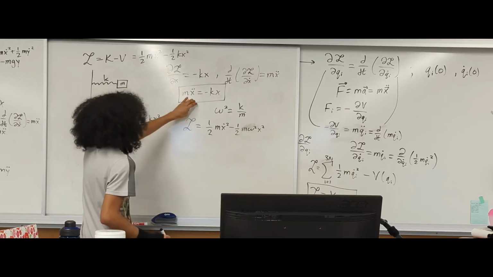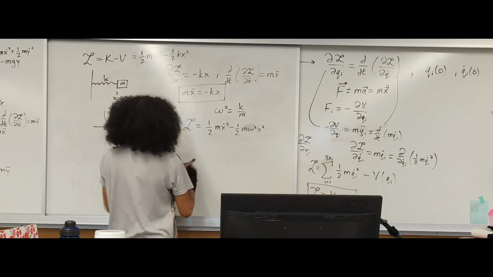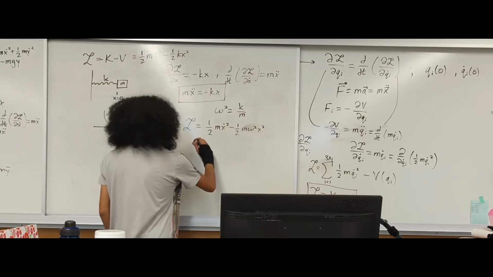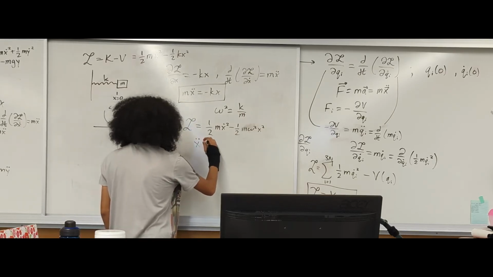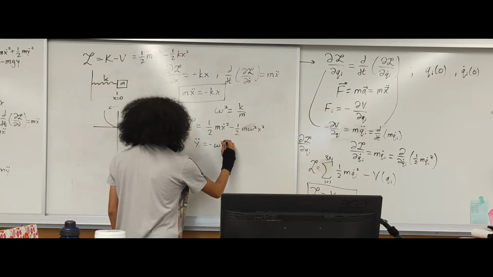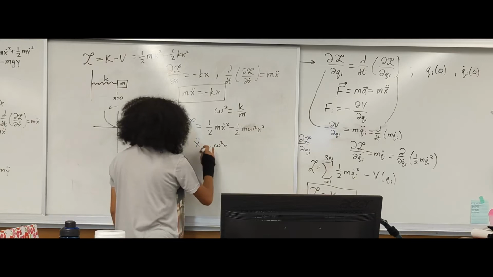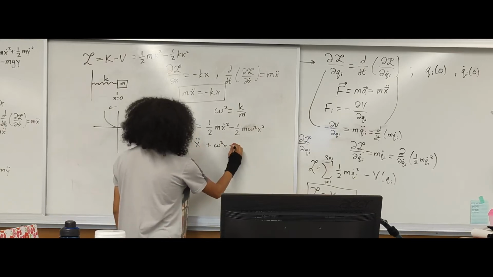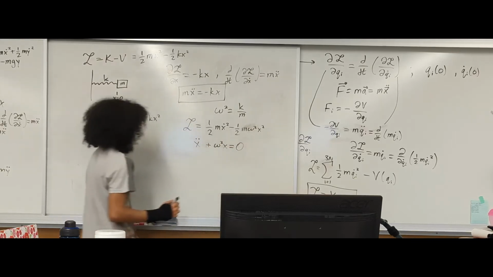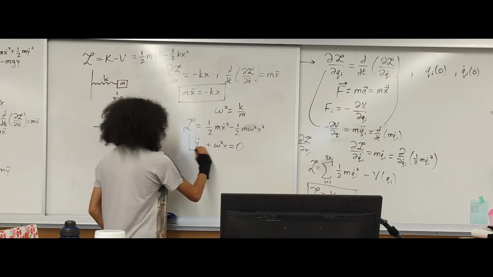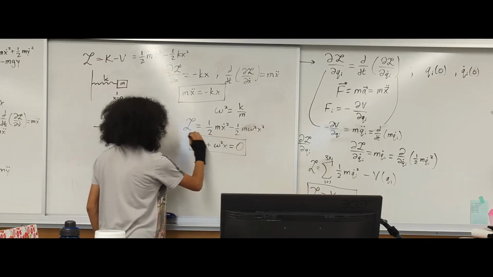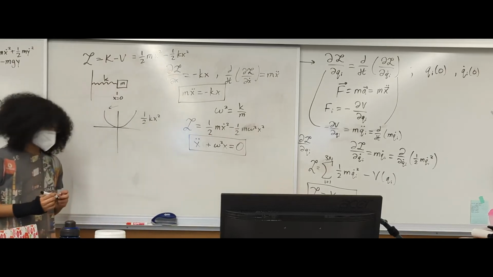And then for the equation of motion, we can divide by m, and what we get is this. Or you can write it as the sum of the two equals 0.